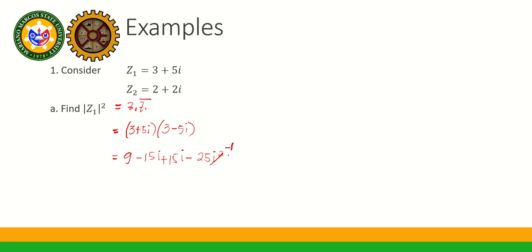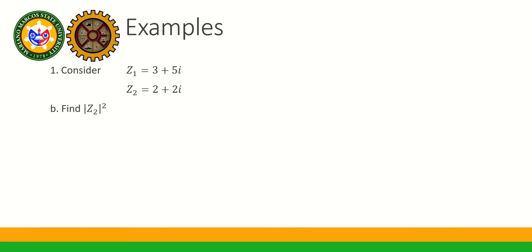So negative 25 times negative 1, that is positive 25 plus 9. Okay, so this will cancel. So the modulus of z sub 1 squared is equal to 9 plus 25, that is 34. Okay, so this is the final answer for letter A in example number 1.